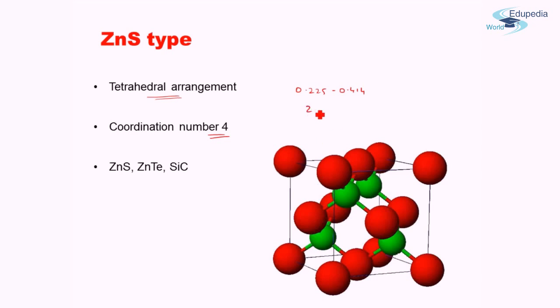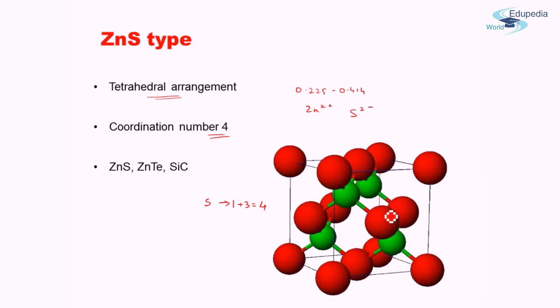What exactly is the structure? We have Zn2+ and S2-. So what we'll have is the sulfur atoms will go at the corners, 8 corners, and the 6 face centers. So effectively what we have is 1 effective sulfur from the corners and 3 effective from the 6 faces, which means 4 effective sulfur atoms in one unit cell.